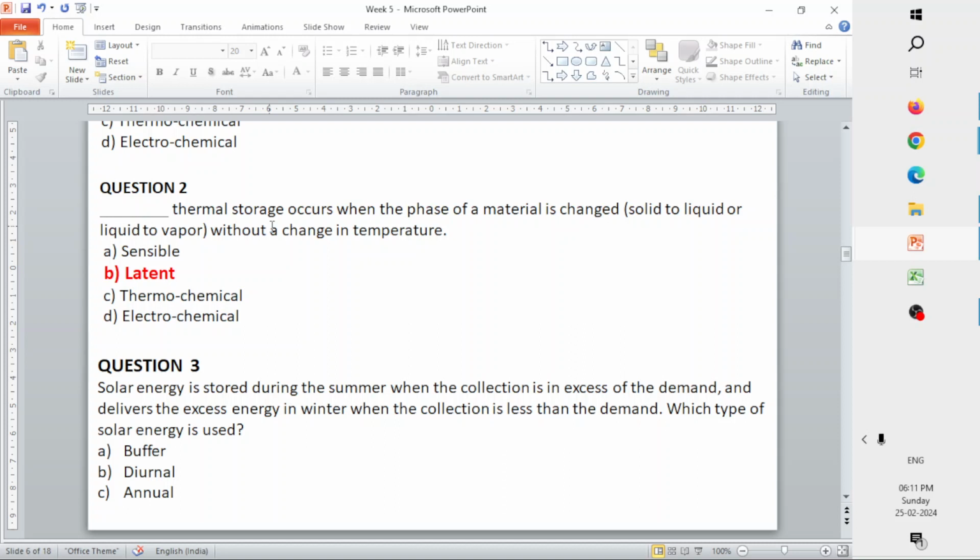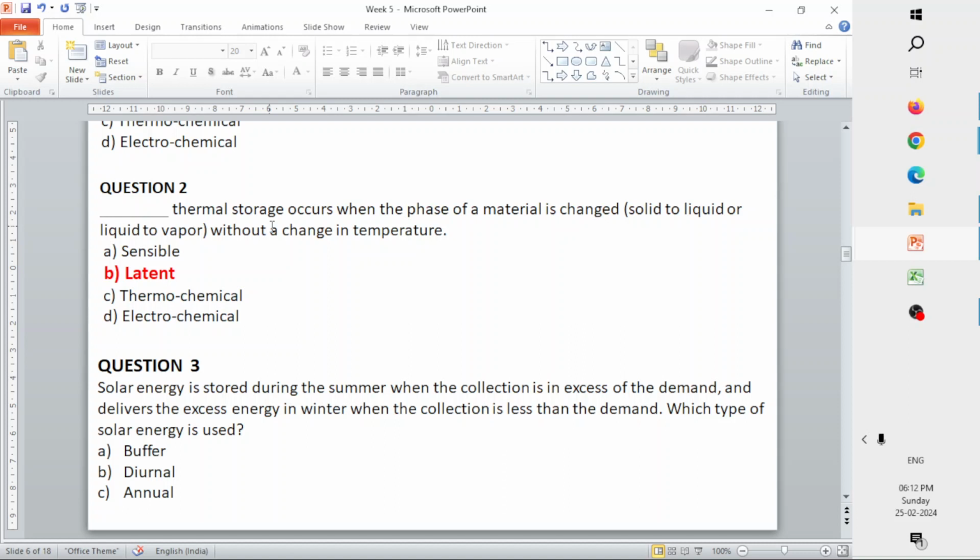In summer, the excess energy is stored because demand is less compared to the collection, whereas in winter excess energy is required but collection is less. So there is a clear mismatch, and this is dealing with summer and winter. Buffer is for a particular day.